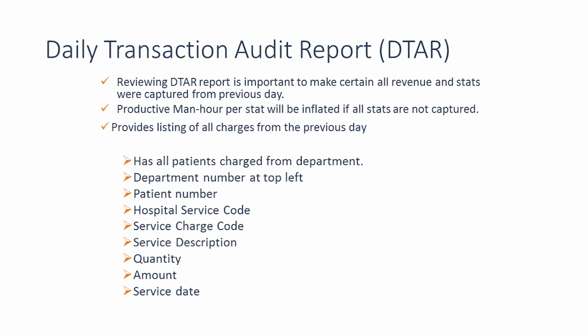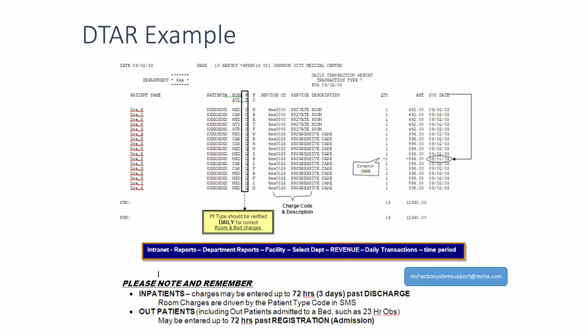A DTAR is a daily transaction audit report, which is used by managers to review the patient's charges. It typically has a department number, patient number, hospital service code, the charge code, description, quantity, amount, and the service date. So this is an example of what a DTAR would look like.